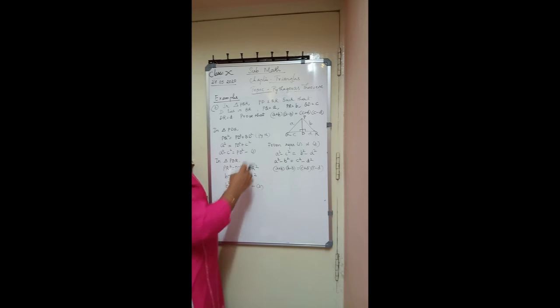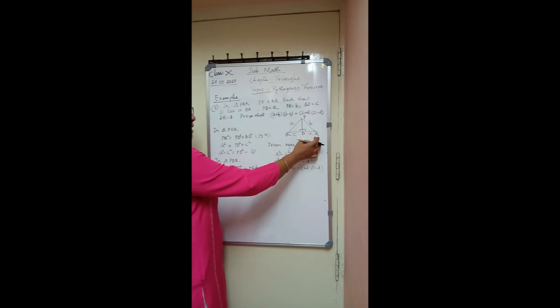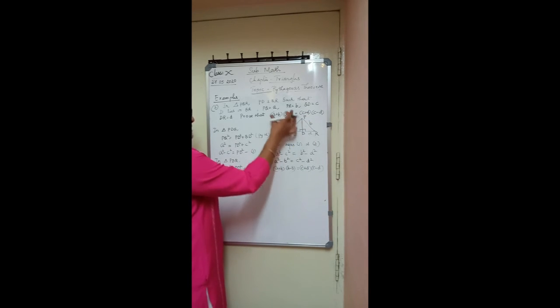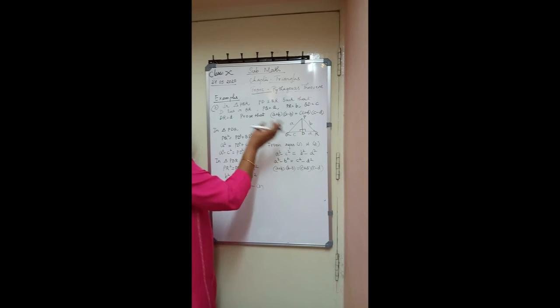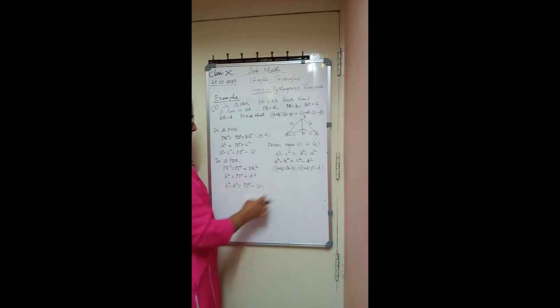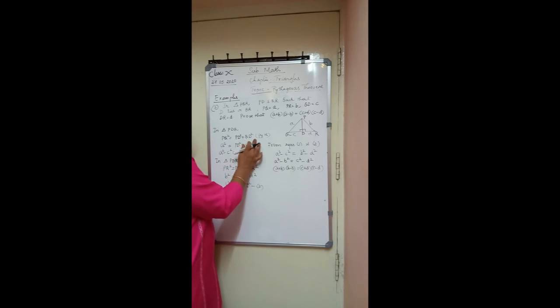Okay, so once again I will explain. PD perpendicular to QR, and write the given quantities, that is PQ, PR, QD, DR, it is given. Then apply Pythagoras theorem in triangles PDQ and PDR. So in PDQ, PQ square equals PD square plus QD square.